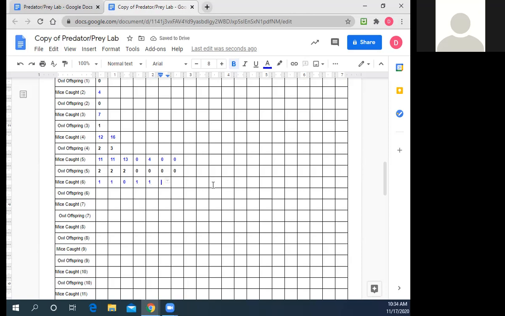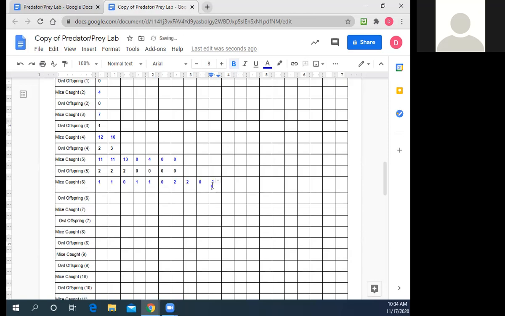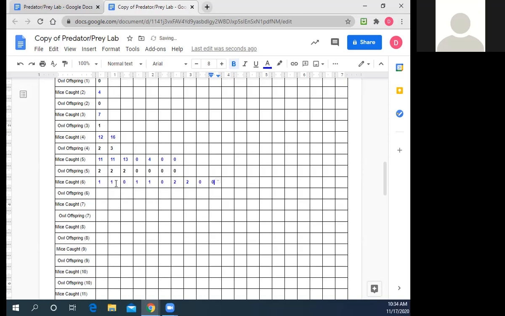Owl 6, got 0. 7, got 2. Owl 8, got 2. Owl 9, 0. And finally, owl 10, 0. So owl offspring will have zeros across the board, and nobody got 5.